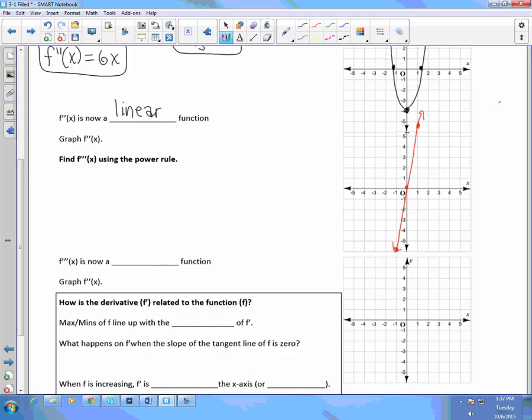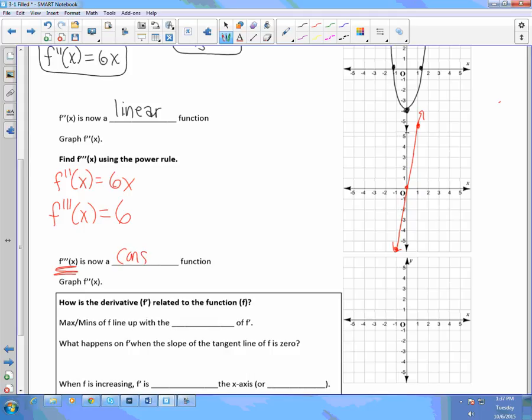Okay, what about F triple prime? If F double prime of x was 6x, that's F triple prime. So 6, what type of function is just 6? F triple prime of x equals 6. What type of function is that?